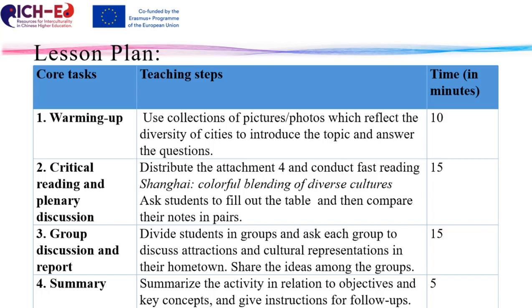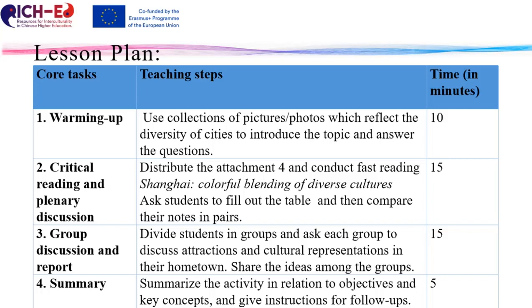So generally, what we suggest is that you may pick some of the pictures from the major cultural regions, for example, Asia, Middle East, Europe, North America, South America, Australia, and Africa.